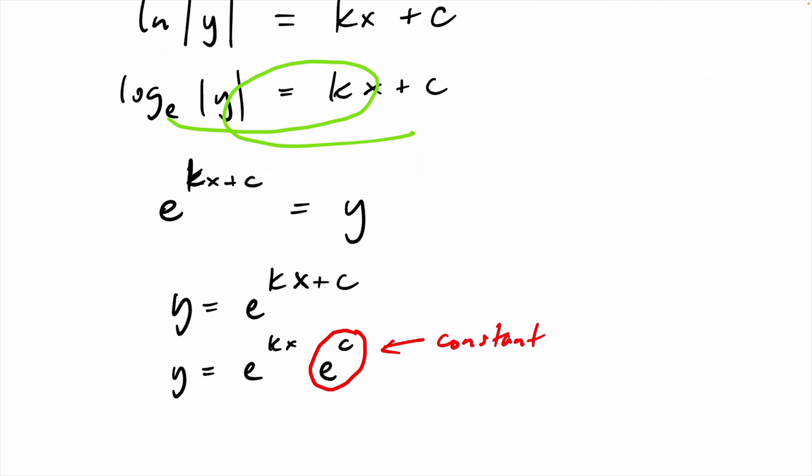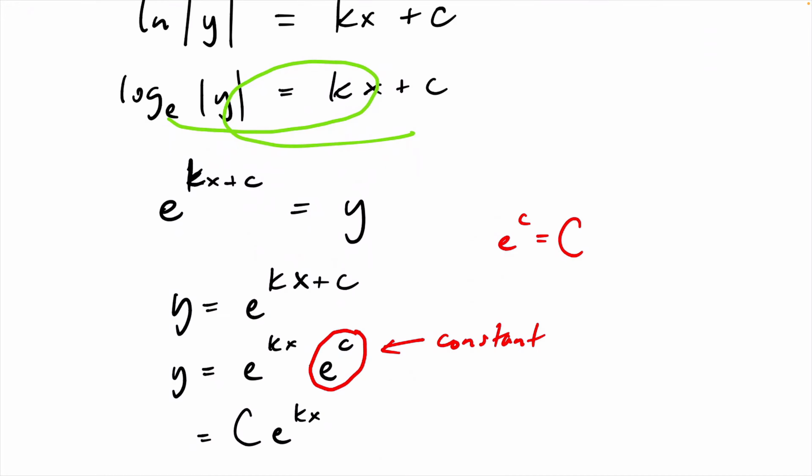So what they call that guy is capital C. Sometimes they'll use the letter capital C, and you're like, where does that come from? That's where it comes from. So if you put e to the c on paper, it's not wrong, but you're going to see this a lot. You're going to see capital C, and you're like, where did capital C come from? Well, that's where it came from. It's the constant part.